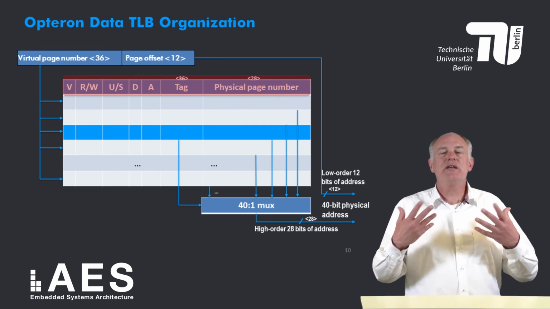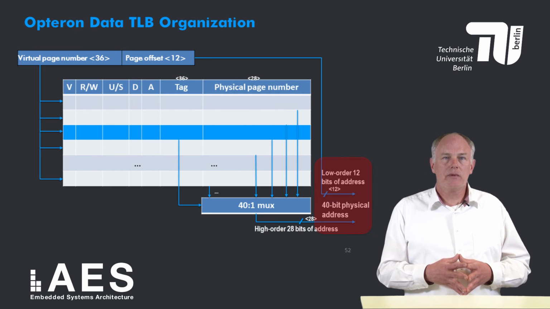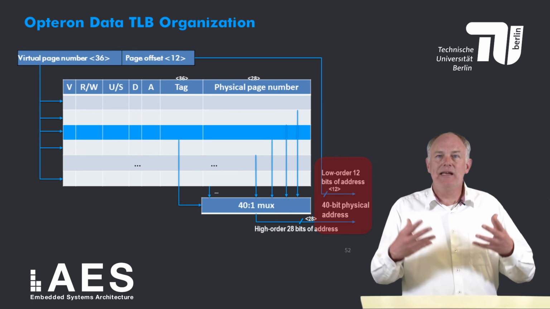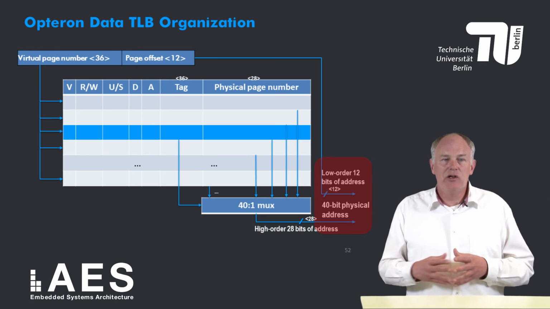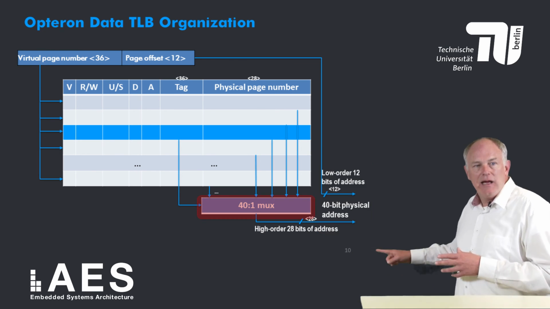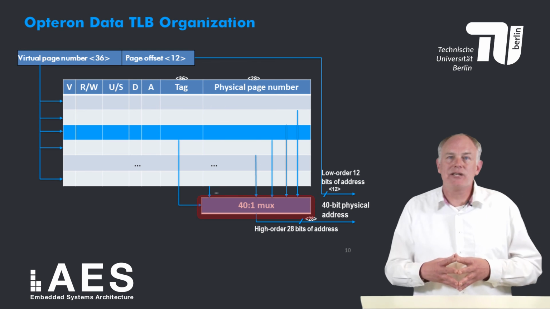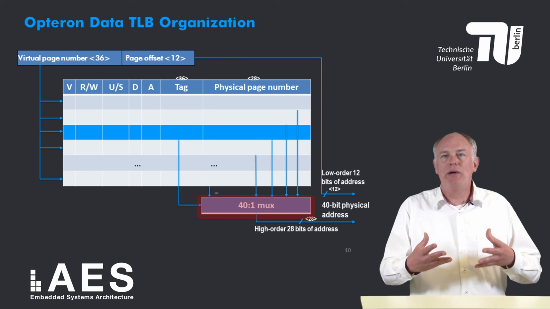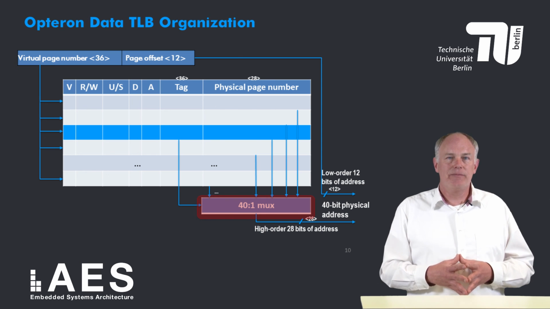The last field is the physical page number. This 28-bit number is concatenated with the 12-bit offset to obtain the 40-bit physical address. Finally, this 40:1 multiplexer selects the physical page number whose tag matches the virtual page number of the accessed page.